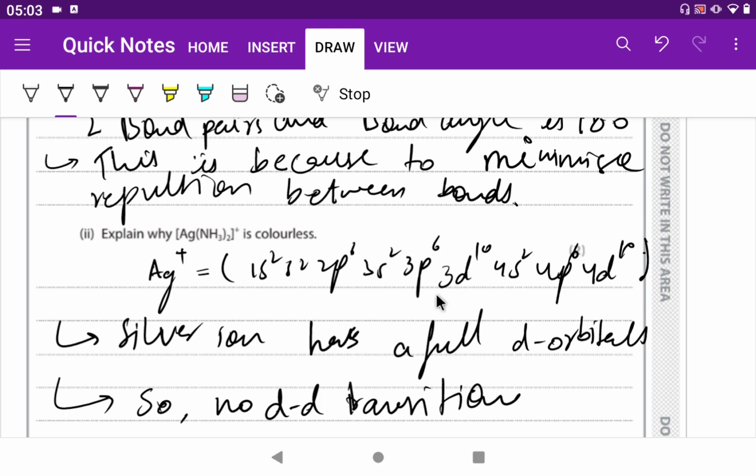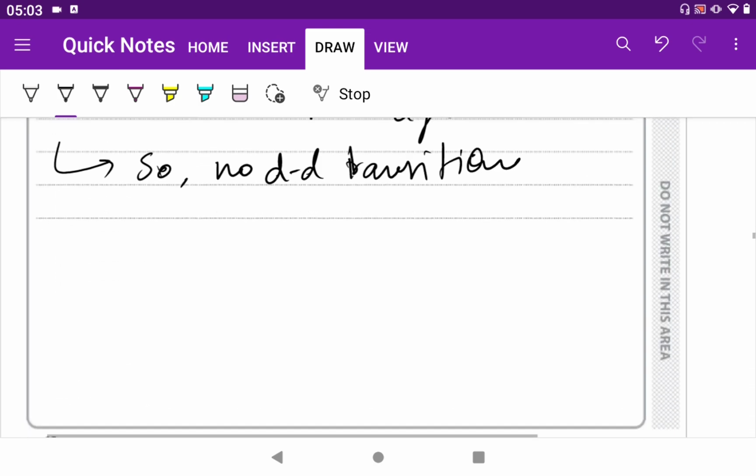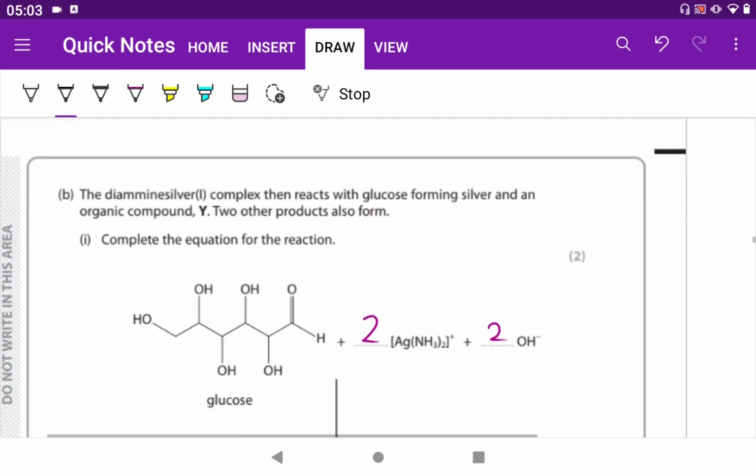Everything is filled, even the last d orbital is completely filled. The silver ion has a full d orbital, so no d-d transitions can take place. Therefore no color can be shown, therefore it is colorless.